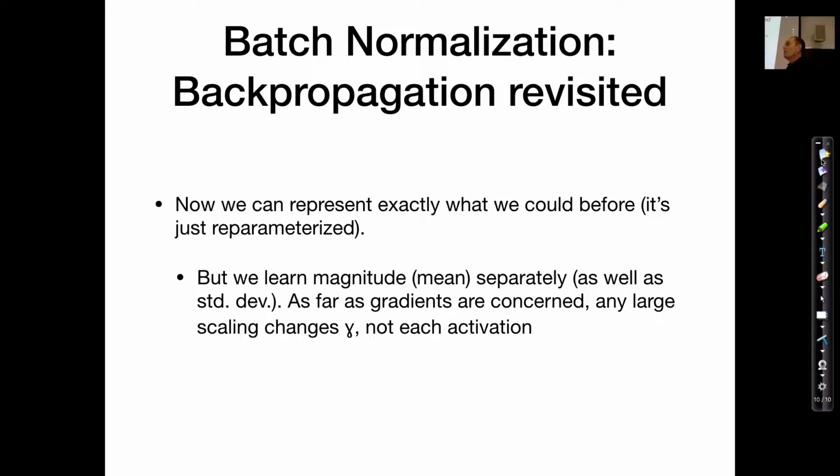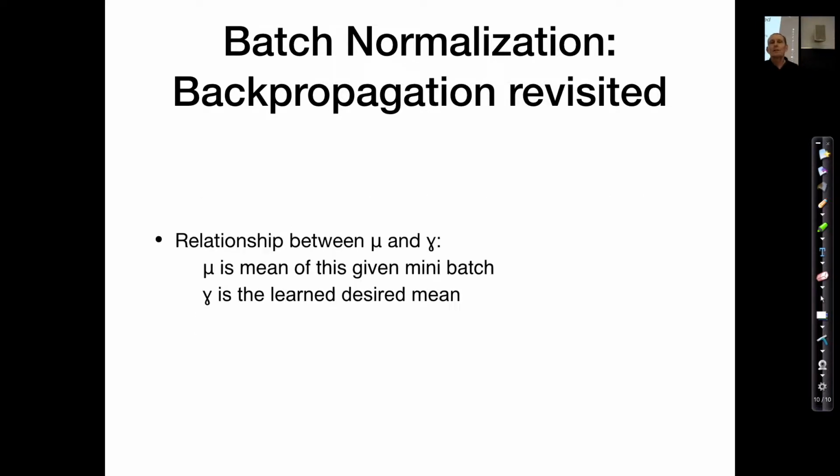Since we're learning these separately, any scaling we want to do just changes the alpha or the beta. It doesn't have to change every activation down below. And this turns out to be really, really useful. Let me just make sure that I make this clear. So mu is our mean of this given mini batch.